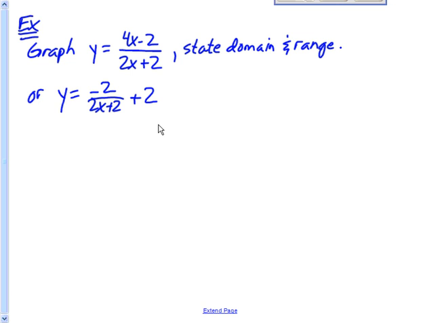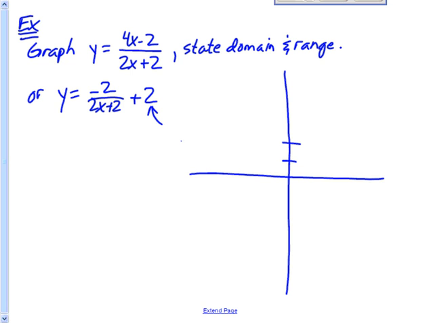So you can say, well, this is going to shift that thing up 2. That's going to cause my horizontal asymptote to be y equals 2. Right? It's going to bump that up 2. And you'd see that probably if you plug some points in, right? And then you want to think about your vertical asymptote. Okay, where's your vertical asymptote?